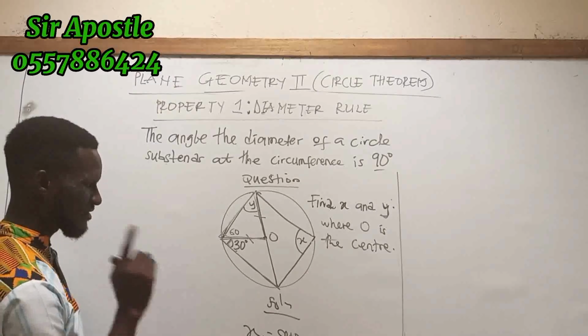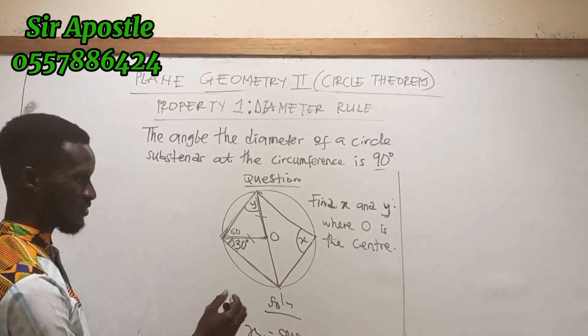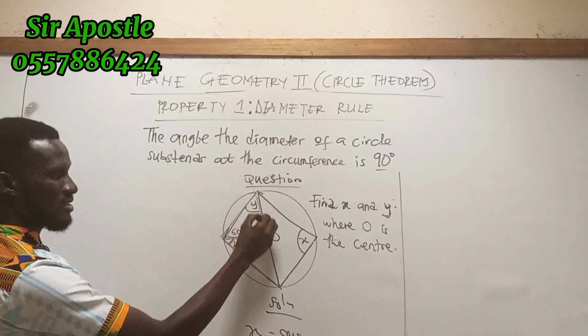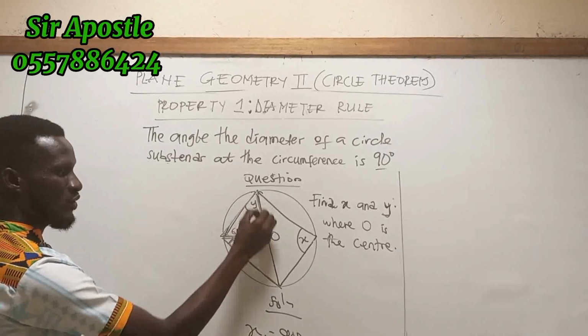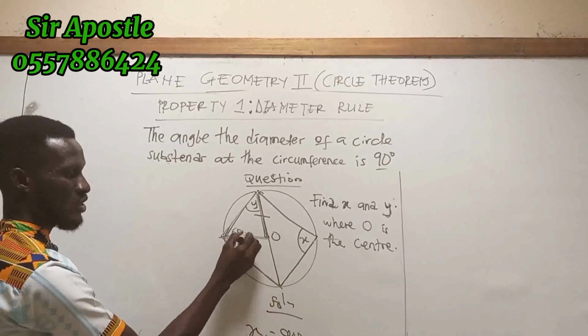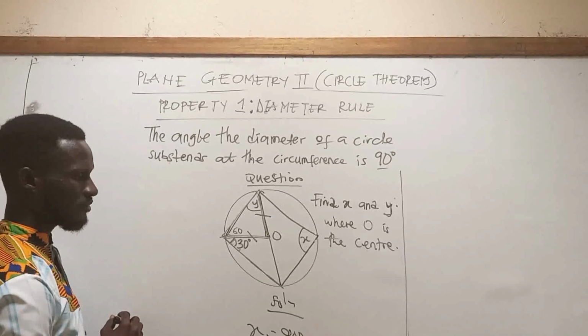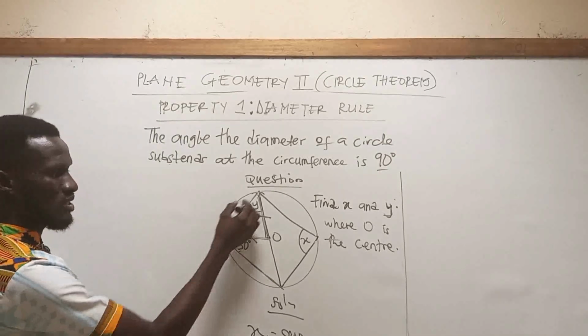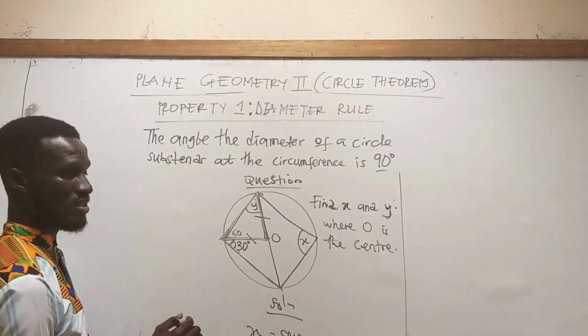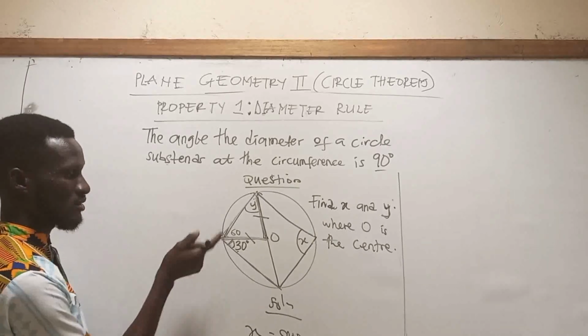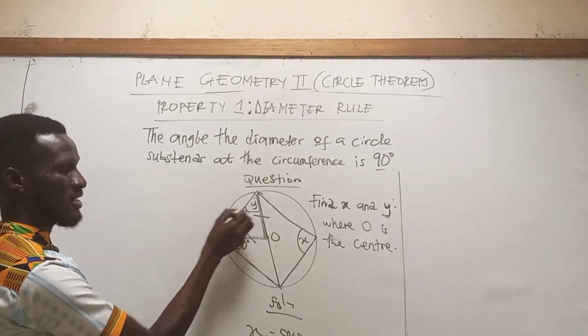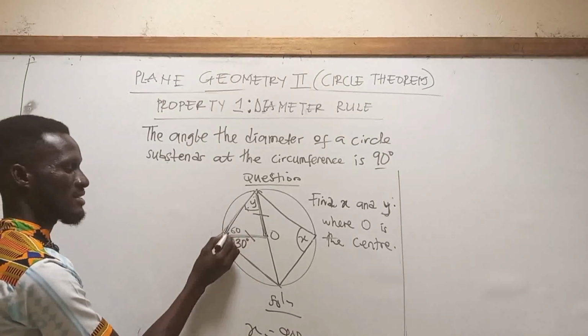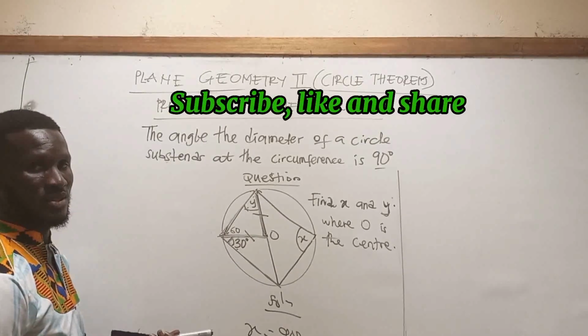Do you understand? Let me repeat myself. This is a radius. This one is also a radius. So the type of triangle here is an isosceles triangle. Then the two adjacent angles are the same. So y is the same as 60 degrees.